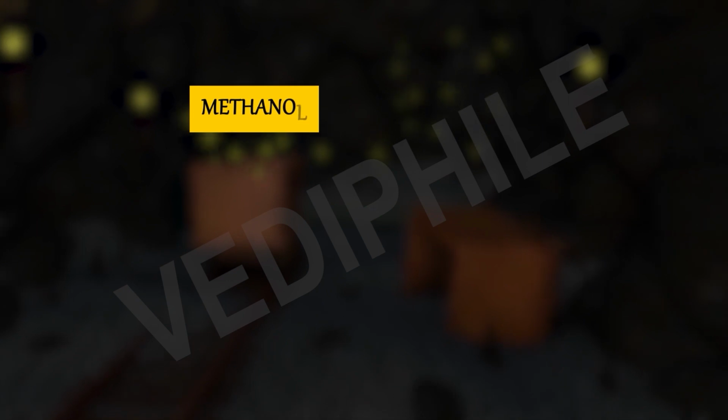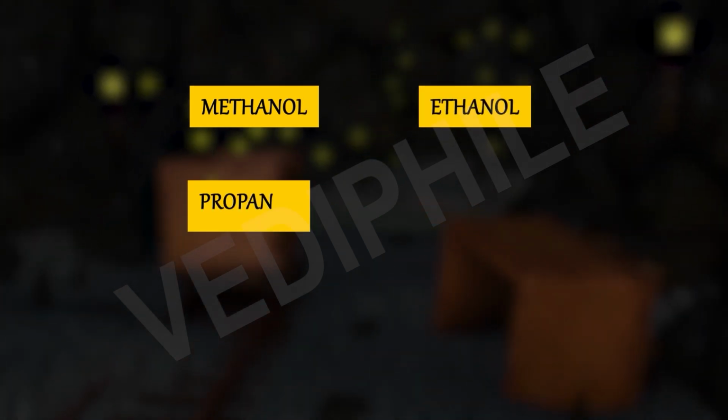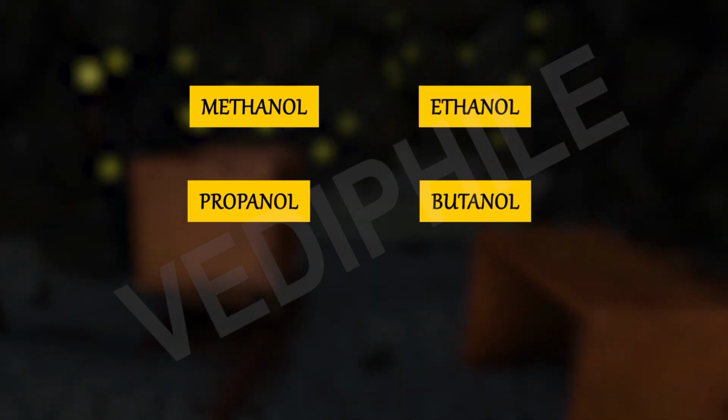So in methanol, ethanol, propanol or butanol, the functional group is alcohol, means OH.